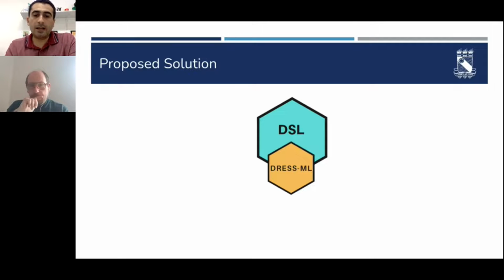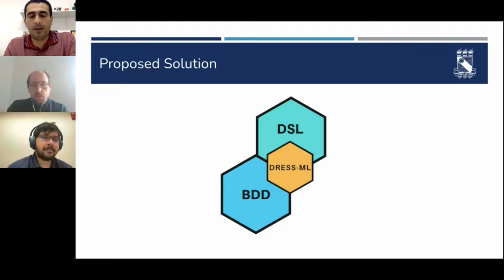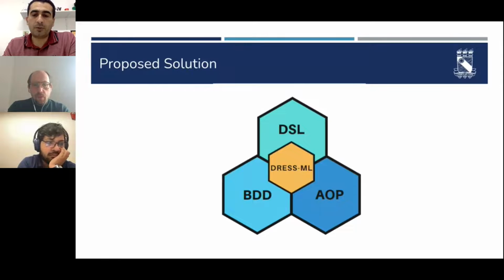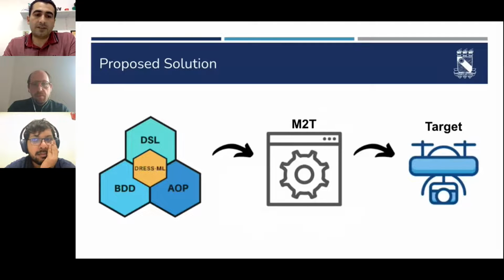To do that, it relies on behavior-driven development concepts, the well-known given-when-then structure, to model the exceptional scenarios, and aspect-oriented programming concepts, especially pointcuts and advice, to model the self-adaptive behavior. We can also create model-to-text engines that receive the DressML specification as input and output code for specific target drone simulators or real drone platforms.